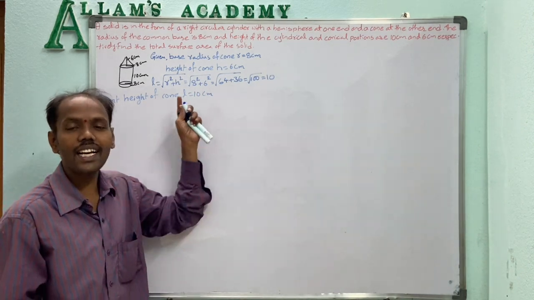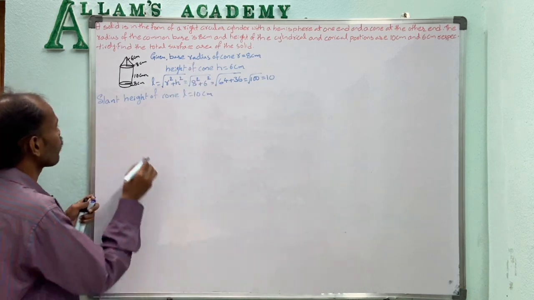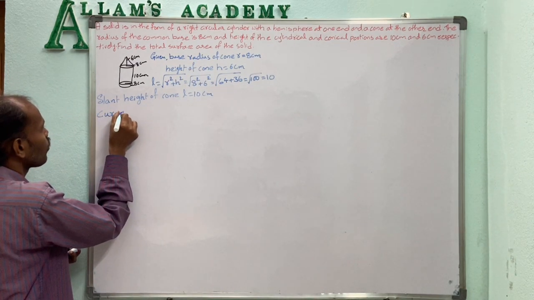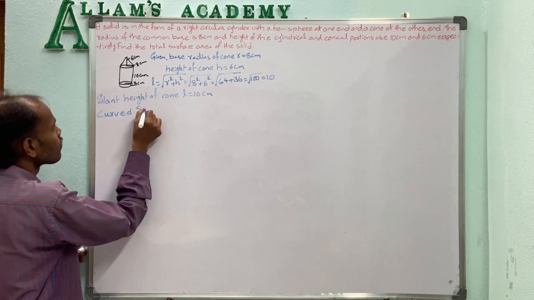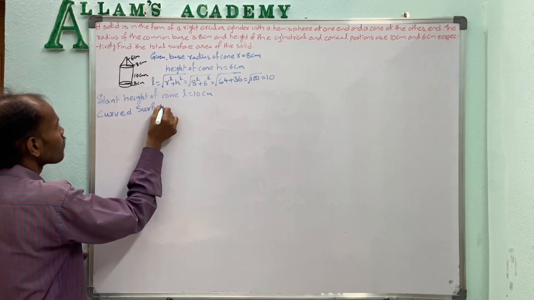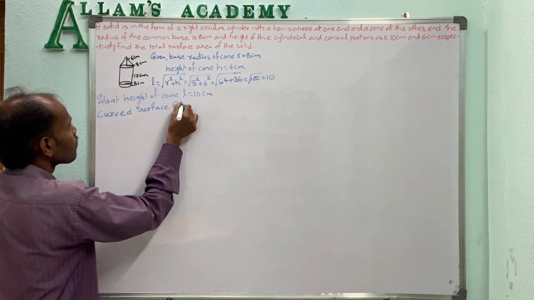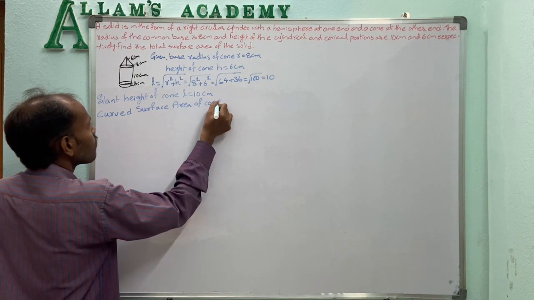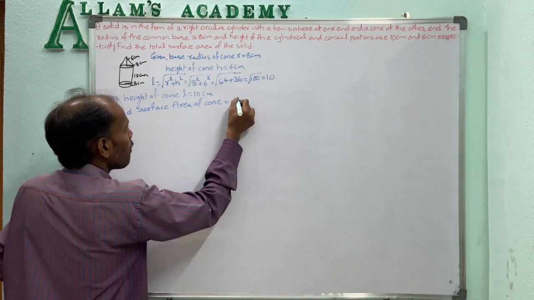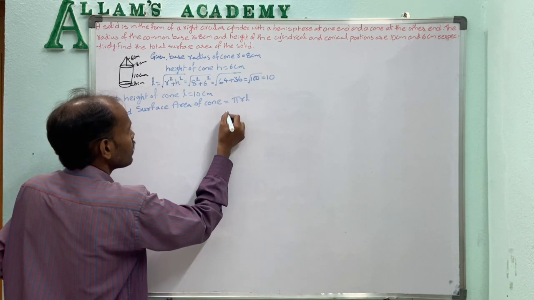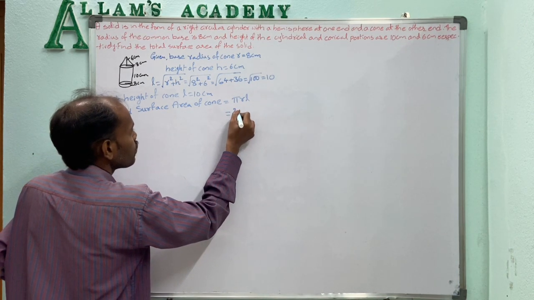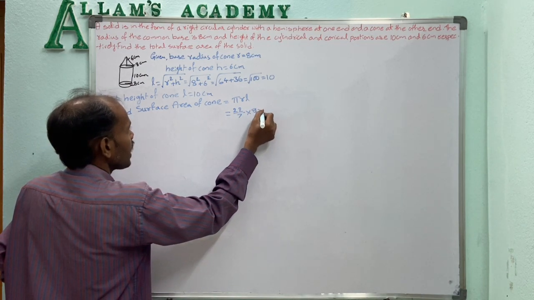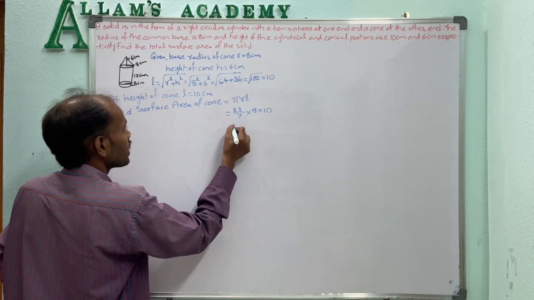Now finding the curved surface area of the cone. Curved surface area of cone equals pi r l, that equals 22 by 7 into r, that is 8, into 10.